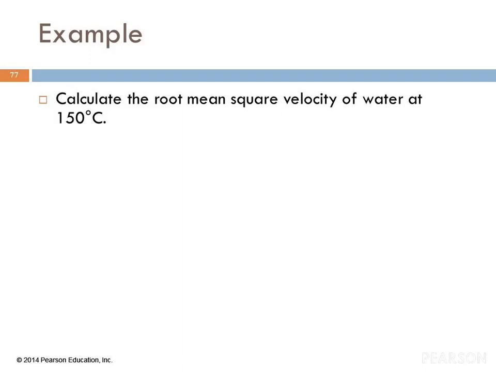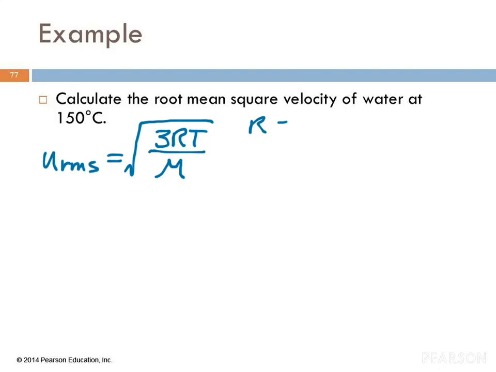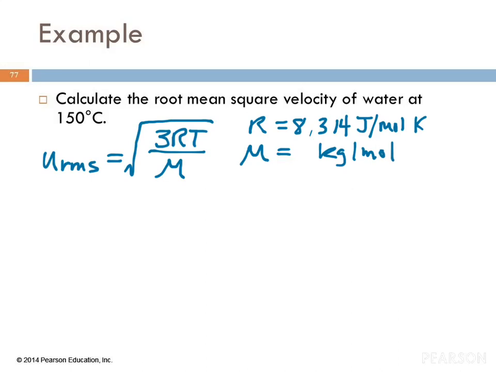Calculate the root mean square velocity of water at 150 degrees Celsius. So the root mean square velocity equals, remember that equation? You've probably got it on paper in front of you. 3RT over the molar mass, square root, where R is 8.314 joules per mole Kelvin, and the capital M is molar mass in kilograms per mole.